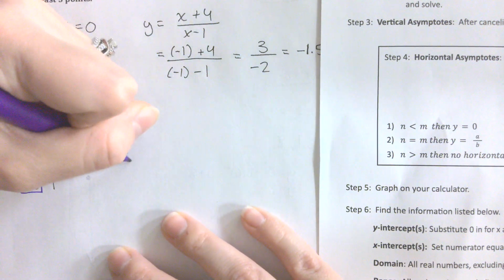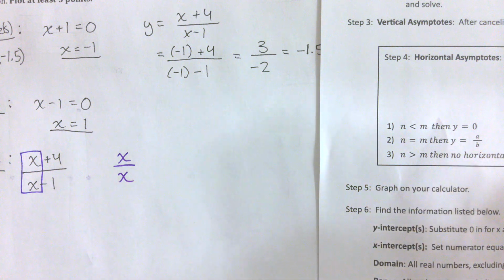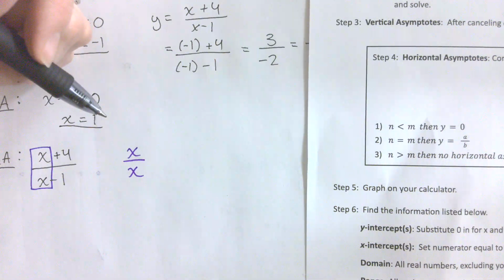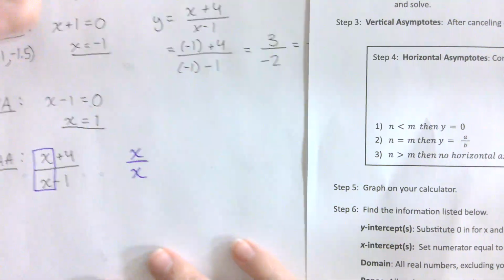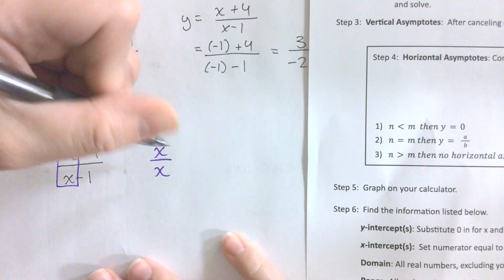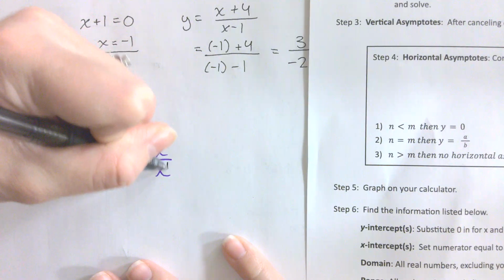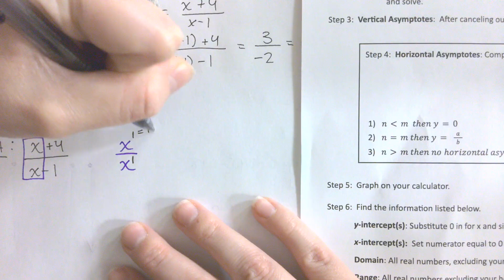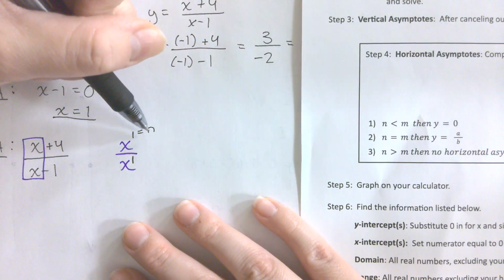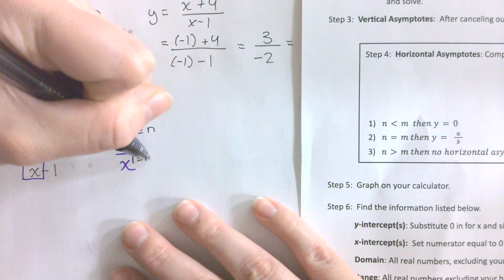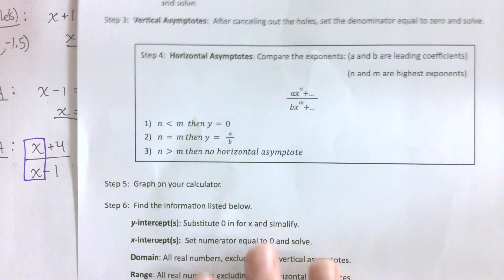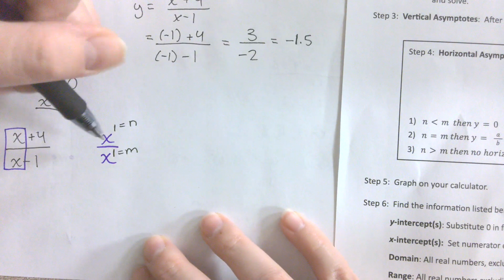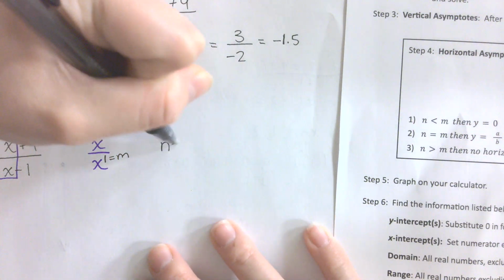So we have x over x. And we care about two things. Well, we care more about one over the other. It just depends. The first thing we care about are the exponents. These both have an exponent of 1. So on the top, the exponent is referred to as n, and on the bottom is referred to as m. That's just following the notation in this box here. So in this case, n and m are both 1, so n equals m.